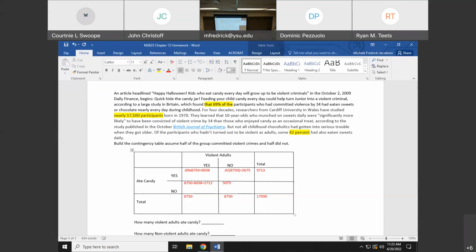Adding across. So I added across and got 8750, and then I'm going to add down and make sure they match. Which they do. Any questions on any of the values?